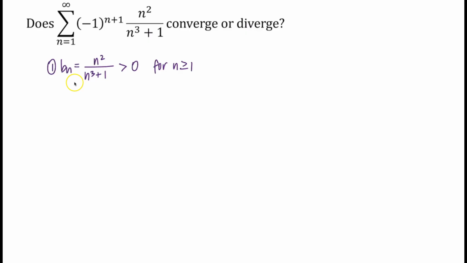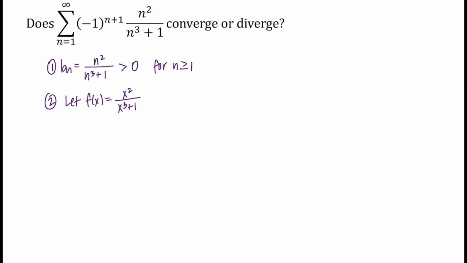And now we have to determine whether b sub n is decreasing. Because this numerator is a function of n, I cannot do a direct comparison. We're going to go ahead and let f of x equal x squared over x cubed plus 1. We'll look at the derivative of this continuous function to see where that's negative.